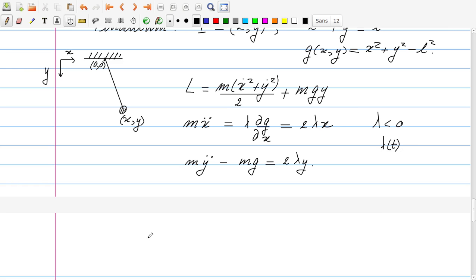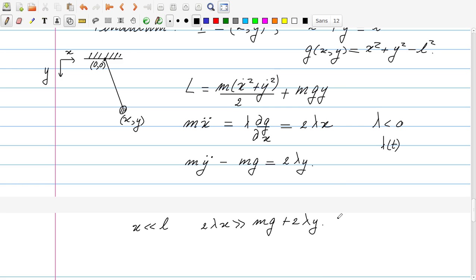However, we can solve the equation in the small angle limit as usual, and in that case we have x is much smaller than L, but the force in the x direction will be a lot larger than the force in the y direction, and so that means that this quantity is a lot larger than mg plus 2 lambda y.